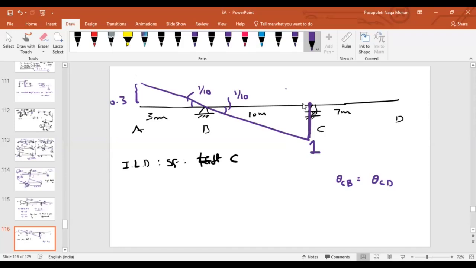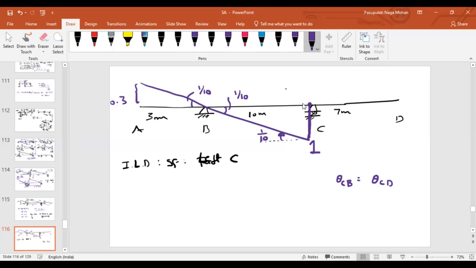Now you can see, theta CB is rotated in which direction? If I want to find the slope, theta CB is rotated in which direction? It is rotated in clockwise direction, by amount 1/10.